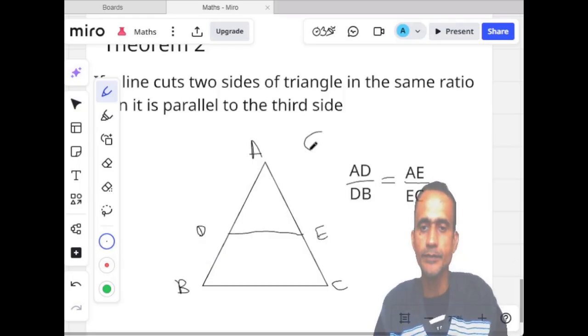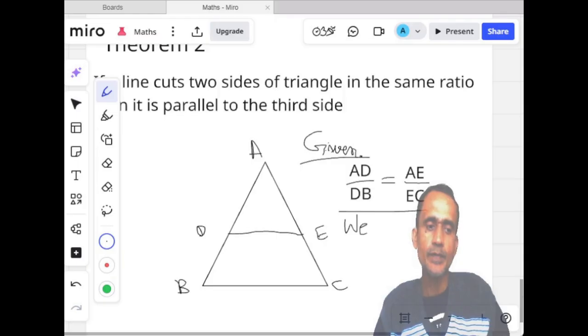So we are given that AD by DB is equal to AE by EC, and we have to prove that DE is parallel to BC.